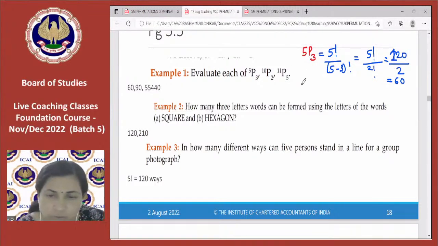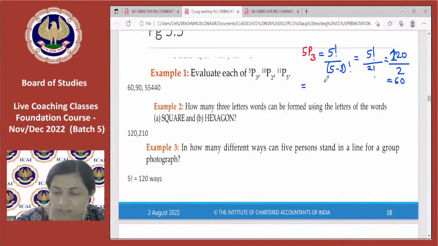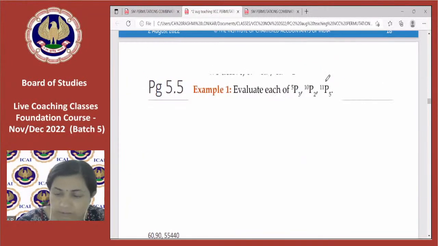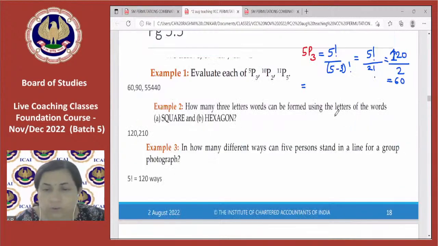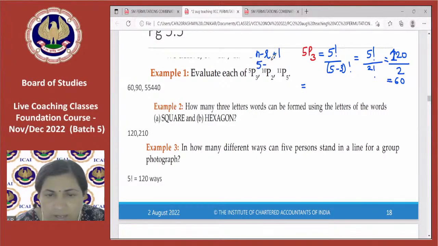I can also use the other formula. nPr is n into n minus 1 into n minus 2 up to n minus r plus 1. So let me first see how much is n minus r plus 1. How much is n? 5. How much is r? 3, plus 1. 5 minus 3 is 2, 2 plus 1 is equal to 3.